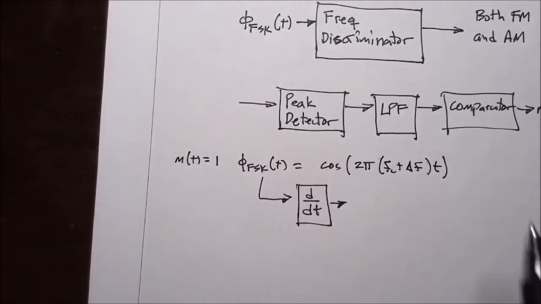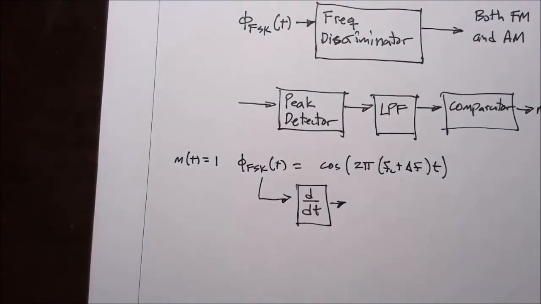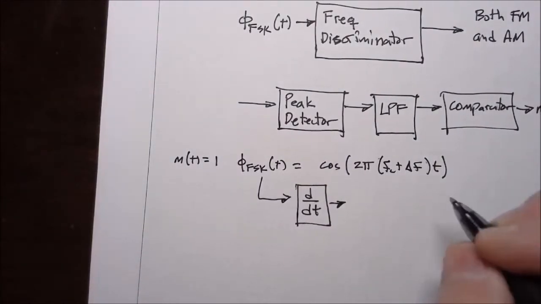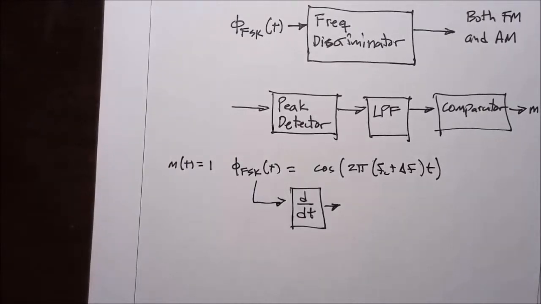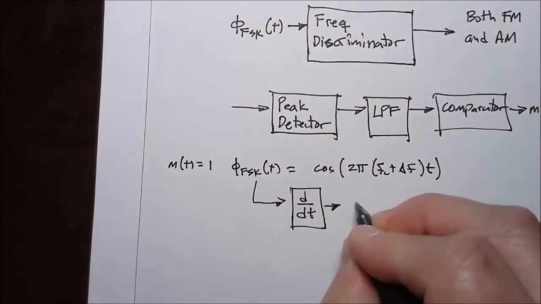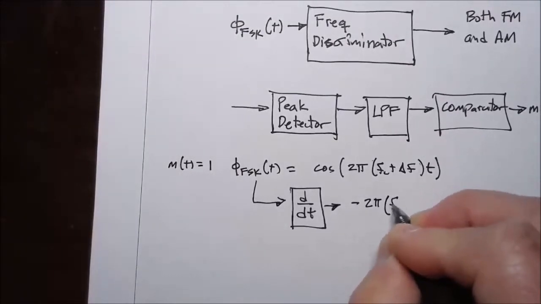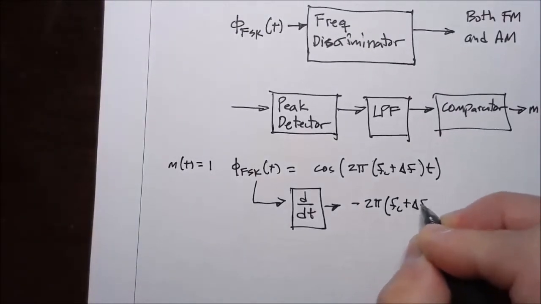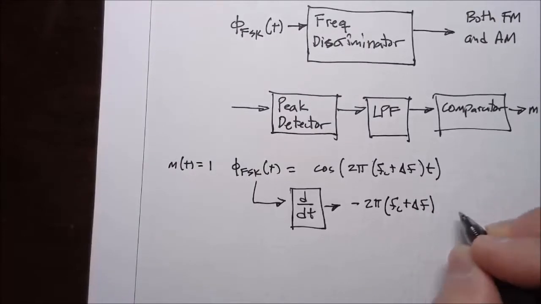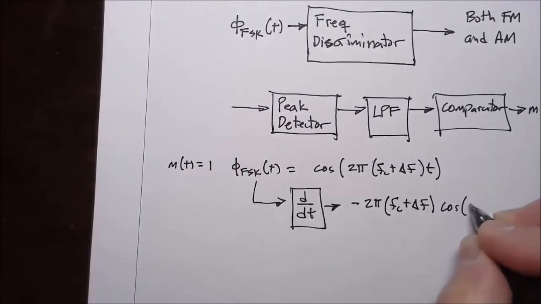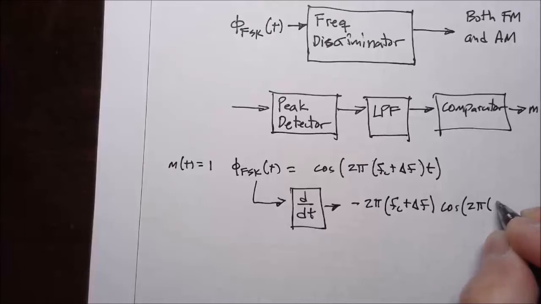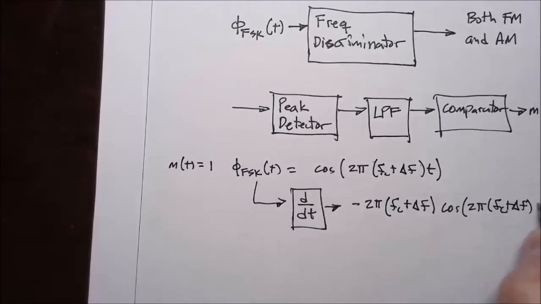And what we get, the derivative of cosine is minus the sine, if I'm not mistaken. So this is going to give us minus 2 pi (fc plus delta f) times the sine of 2 pi (fc plus delta f) times t.